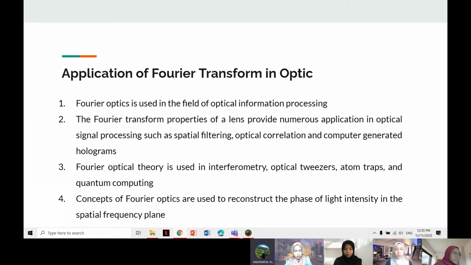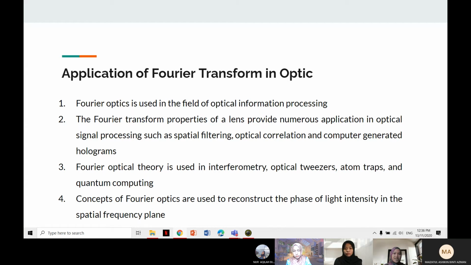Assalamualaikum warahmatullahi wabarakatuh. Thank you, Adila. I will present about the application of Fourier transform in optics. The first one, Fourier optics is used in the field of optical information processing. Some properties of a lens provide numerous applications in optical signal processing, such as spatial filtering, optical correlation, and generated holograms.